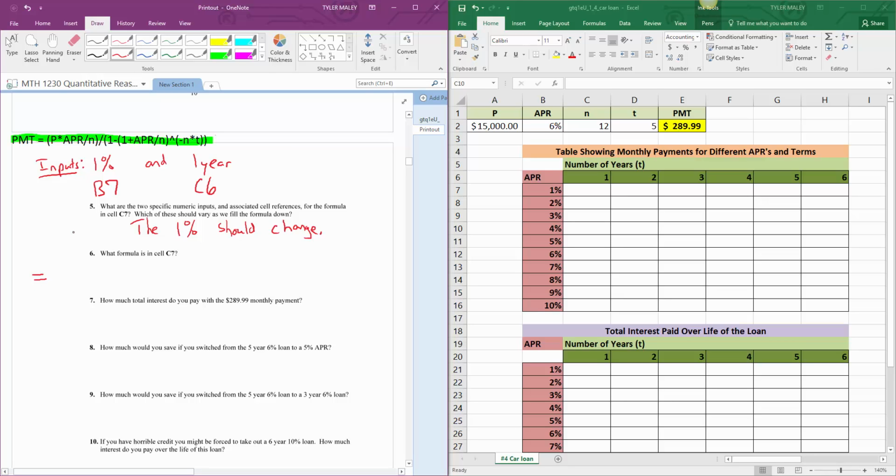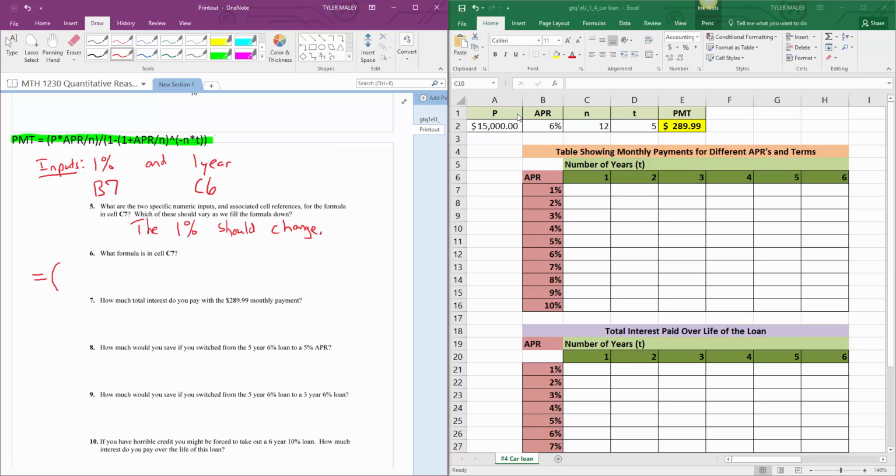So the very first variable is P, the principal. What I would do is use this box here, the 15,000 in cell A2, instead of having to type that in. Because what happens if suddenly you need to change this amount? Then you'd have to change that number everywhere, right?